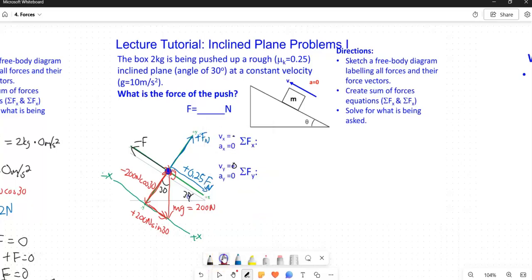We're going to go ahead and take our x direction vectors, which we have 1, 2, 3.